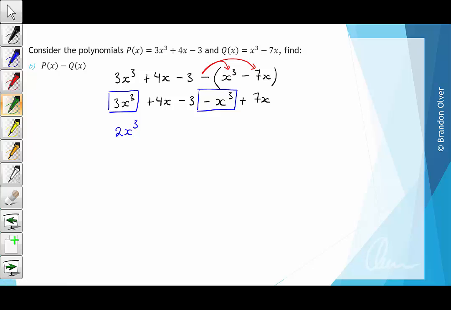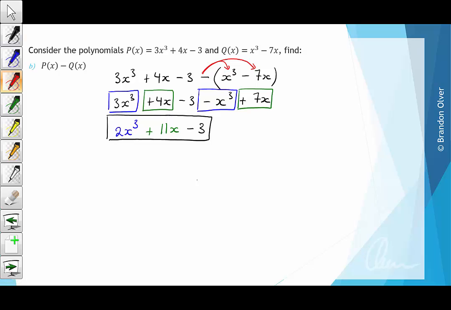The next like term we have is the plus 4x and the plus 7x, and that will give us plus 11x. And then, of course, we've still got minus 3 left. So all up, p of x minus q of x is equal to 2x cubed plus 11x minus 3.